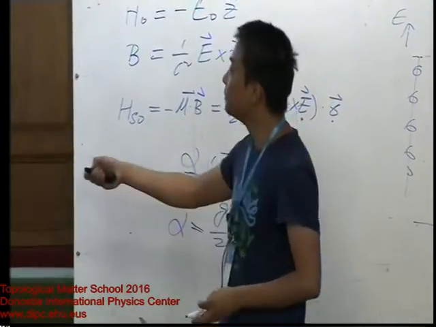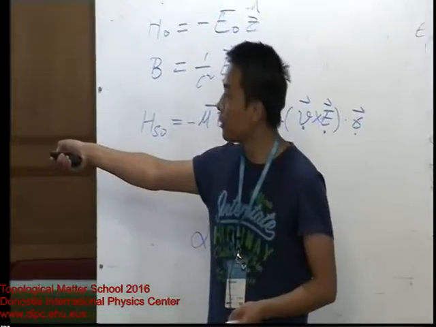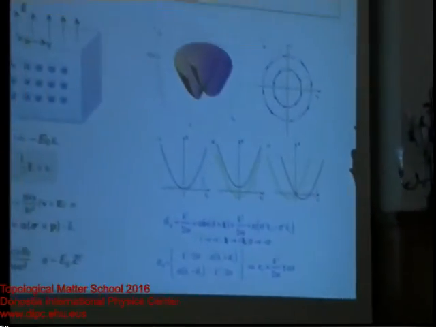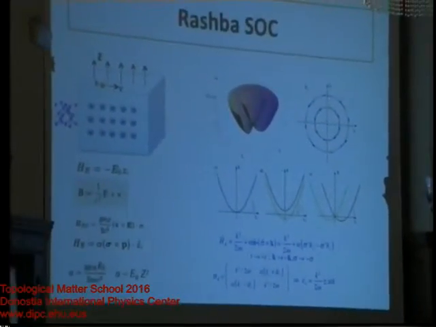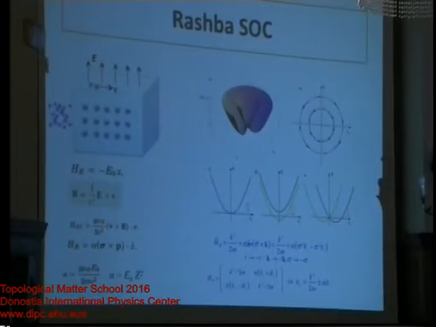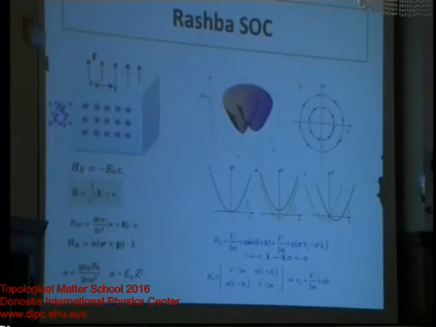And here we know for sure this alpha should be proportional to E, the strength of the field. We know that a stronger field gives a larger B field here. That's clear. And then the second is that it's related with this square. This square comes from the strength of the spin-orbit coupling, the intrinsic atomic one.